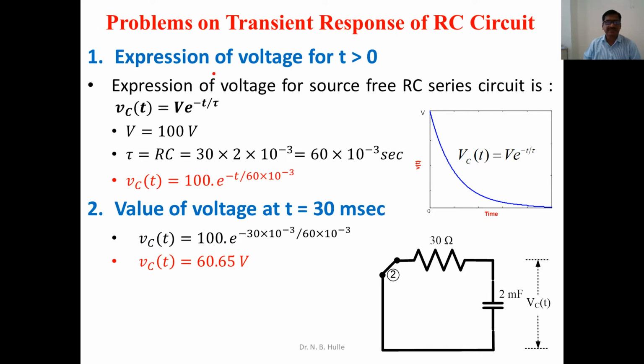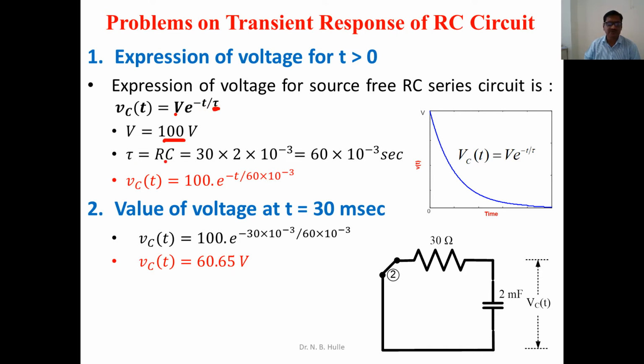The first point is the expression for voltage for t greater than 0. The expression for voltage for the source-free RC series circuit is always given by Vc of t equal to V into e raised to the power of minus t by tau, where V is the voltage available across the capacitor before switching, which is 100 volt. Similarly, we are interested in the calculation of tau.